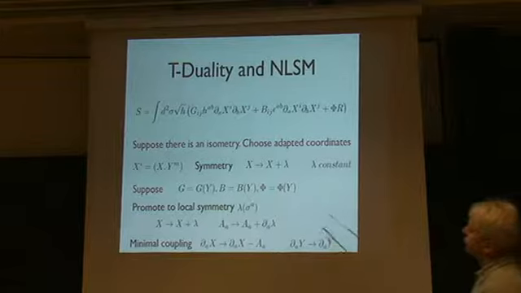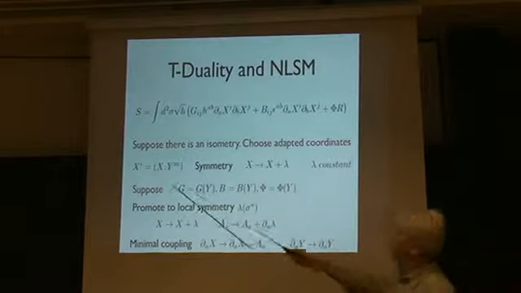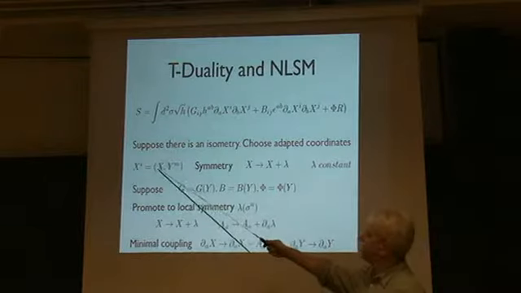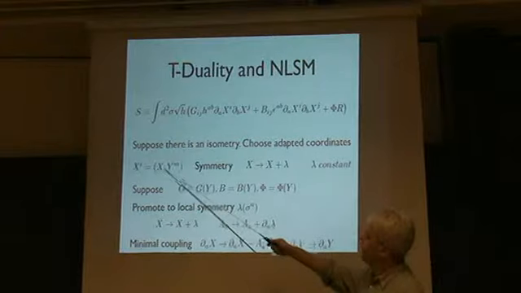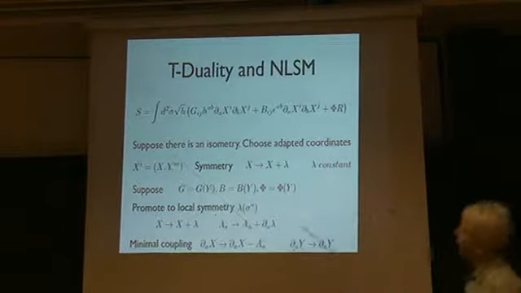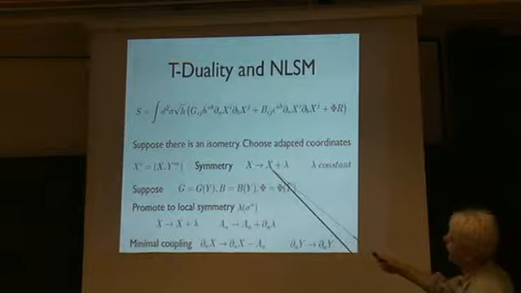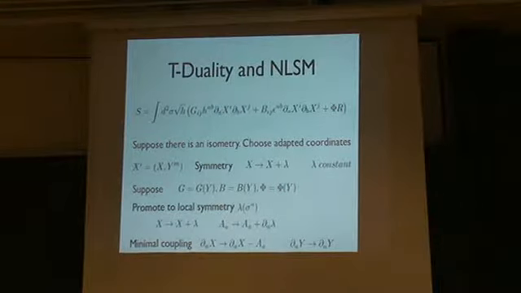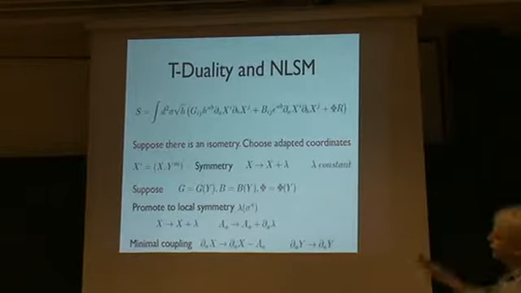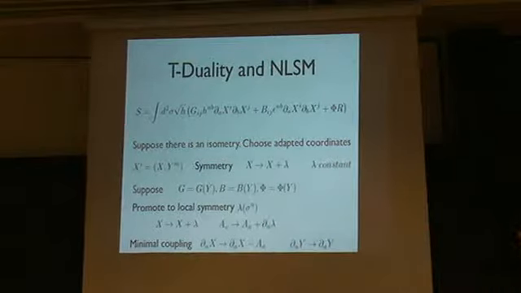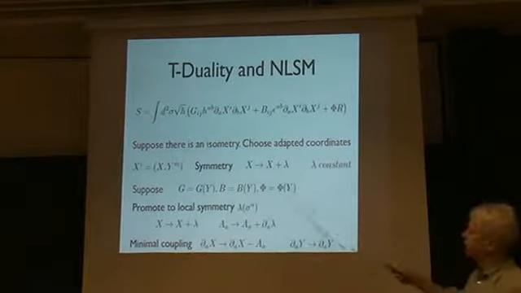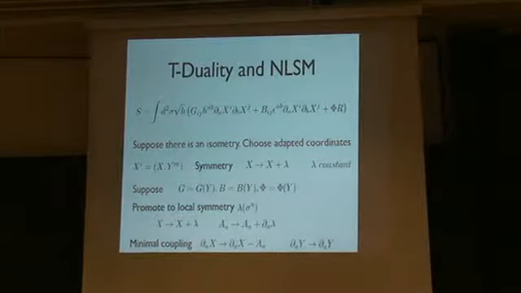So suppose we choose adapted coordinates where the isometry direction is just x, so that the isometry corresponds to just shifting the x coordinate by a constant, lambda, so lambda is the parameter of the transformation, and leaving all the other coordinates y fixed. And suppose also that the metric, the B field, and the dilaton only depend on y and not on x.